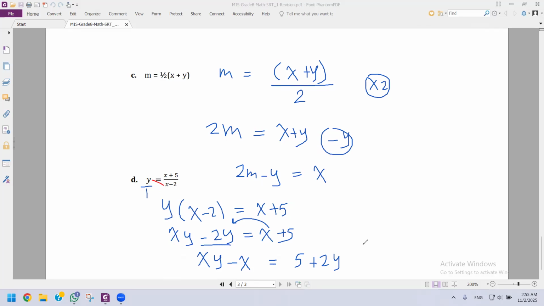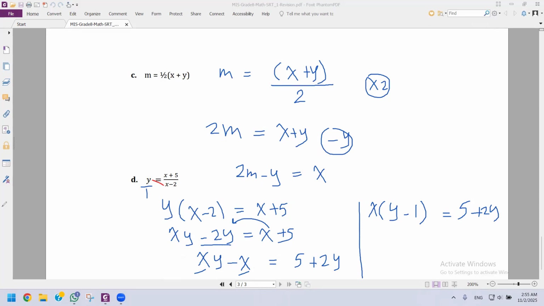Now for the part that I have, let me take x as a common factor. So x, open bracket, what is it? Y minus x divided by x is 1, equal to 5 plus 2y.